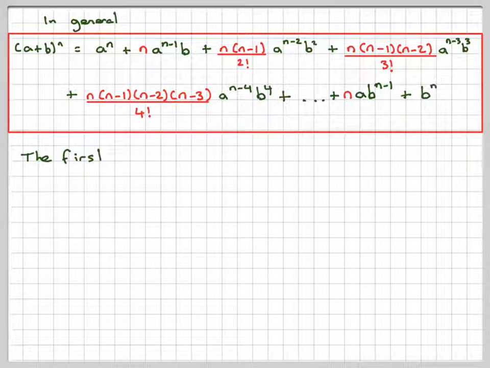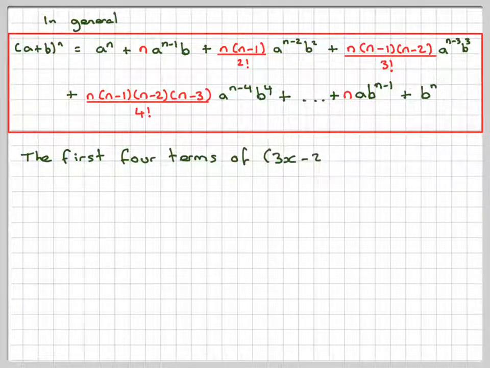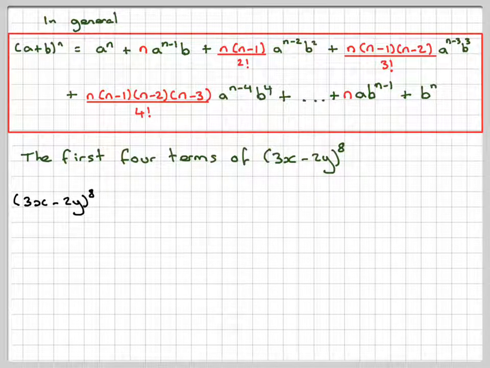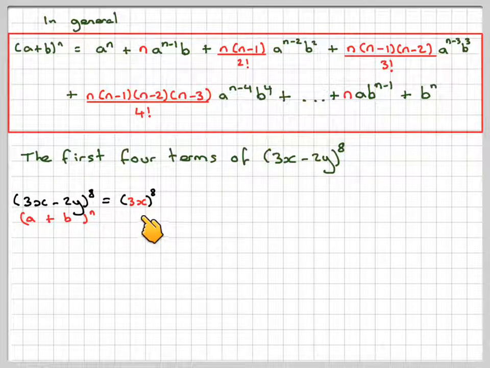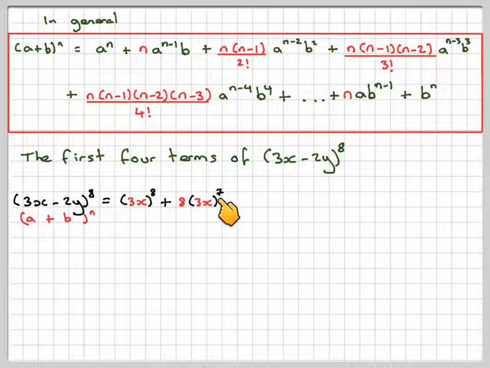So we can use this idea now to find the first four terms of (3x minus 2y) to the 8. So a is 3x, b is minus 2y, n is 8. So the first term will be a to the n, which is (3x) to the 8. So we'll be looking up here now. Plus n, which is 8, times 3x to the 1 less before, so (3x) to the 7.